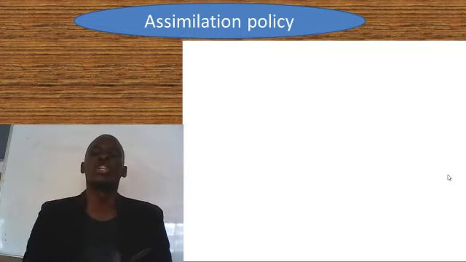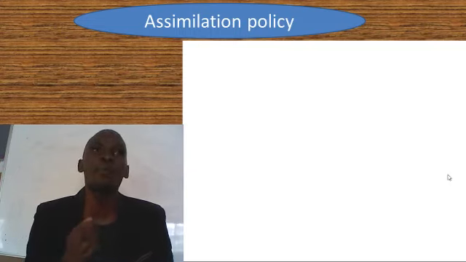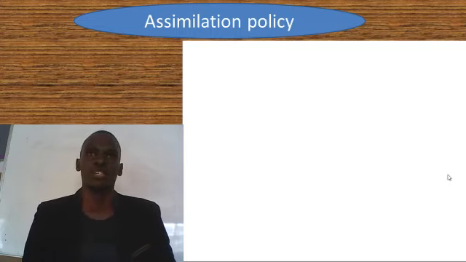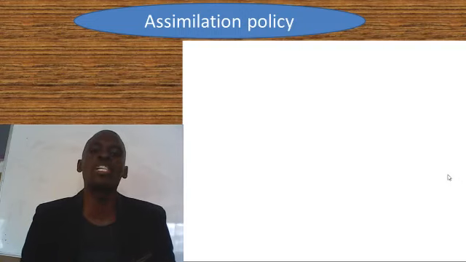Number three, you should be in a position to mention different ways in which assimilation policy was implemented or practiced in West African spheres of influence or territories. Finally, you should be able to give reasons why assimilation policy was applied, and you should also be able to give the negative consequences of assimilation policy in West Africa.